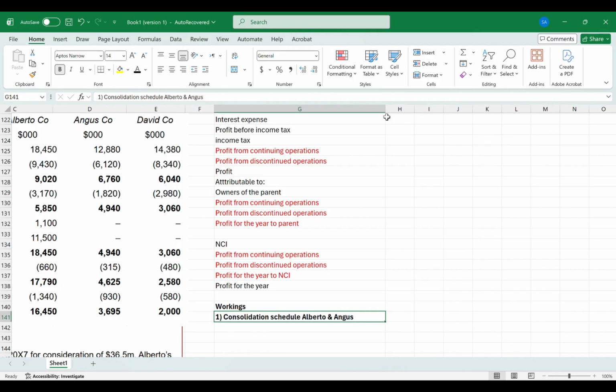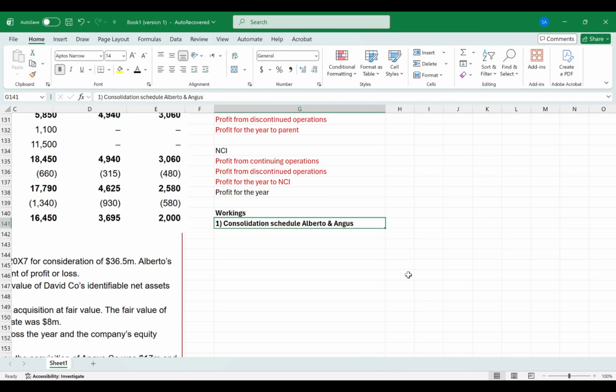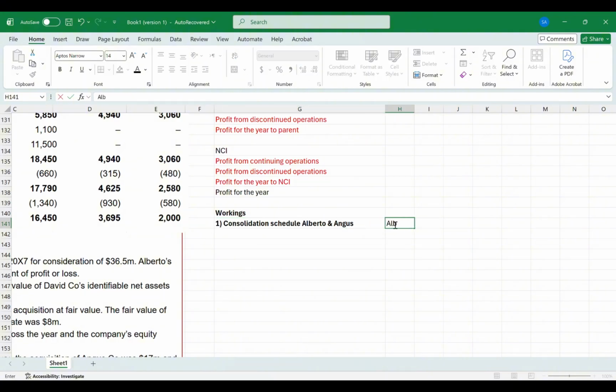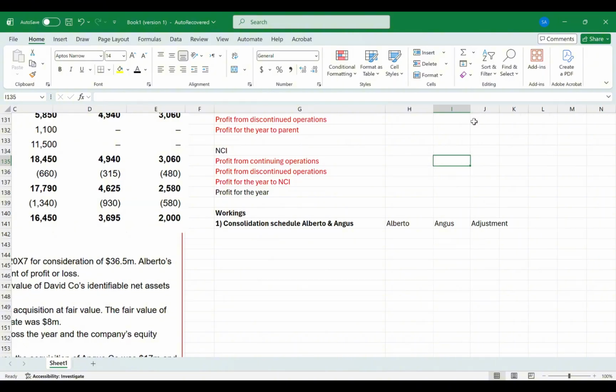So now we'll be having the four separate columns. We have for Alberto, then Angus, then adjustment, and then the consolidated.